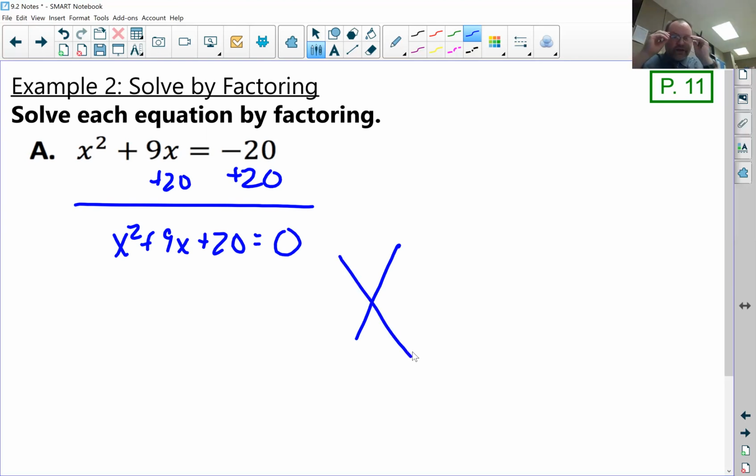We can then use our x method, find two numbers that multiply to positive 20 and add to positive 9. Again, if you're not sure, start with 1 and the number. And then check, 1 plus 20 is not 9. 2 plus 12 is not 9. 3 is not going to be a factor. 4 plus 5 is 9.